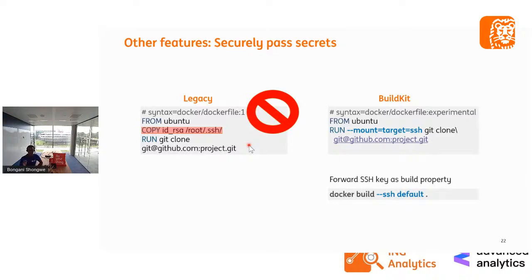What you can rather do using build kit is mount using the mount syntax, and now you mount an SSH, and build kit will know that you're mounting an SSH key, and it'll make sure that that SSH key is only available within this run step, and it's not available anywhere else within your Docker image. And you just indicate that you're passing over SSH keys when you run your build, also using this keyword.